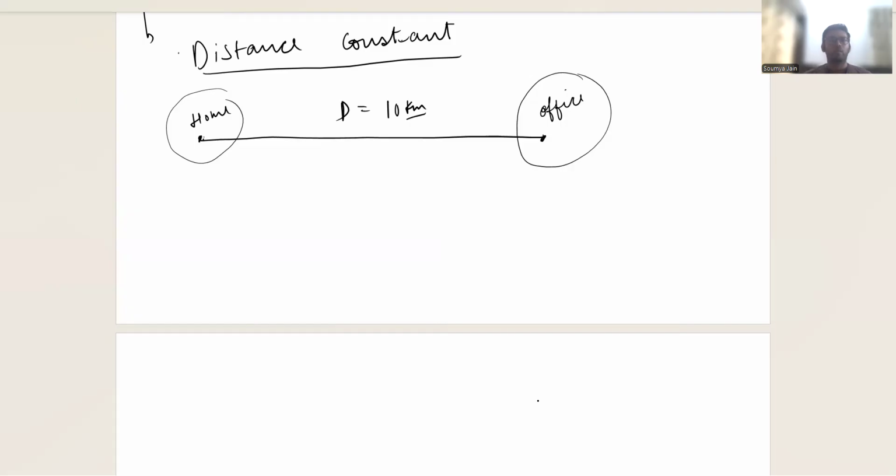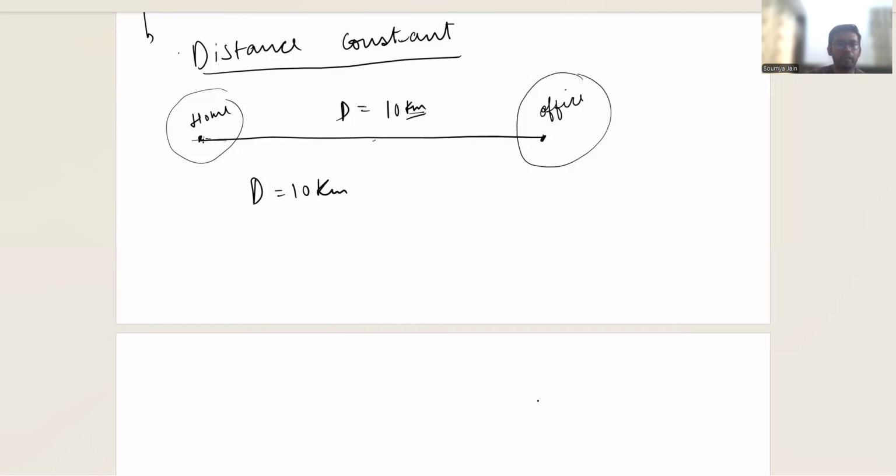and let's say it is 10 kilometers. Okay, for the time being, let's say 10 kilometers. Now, see, when I go from home to office, I cover a distance of 10 kilometers, and when I come back, I cover the same distance. Like office to home is also 10 kilometers. Now, what we are seeing over here is, I can write D is equals to 10 kilometers.